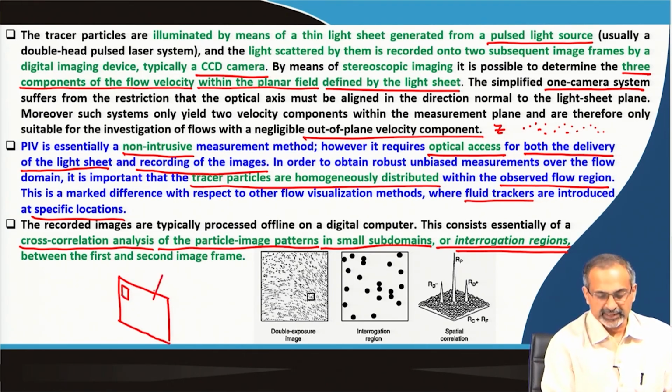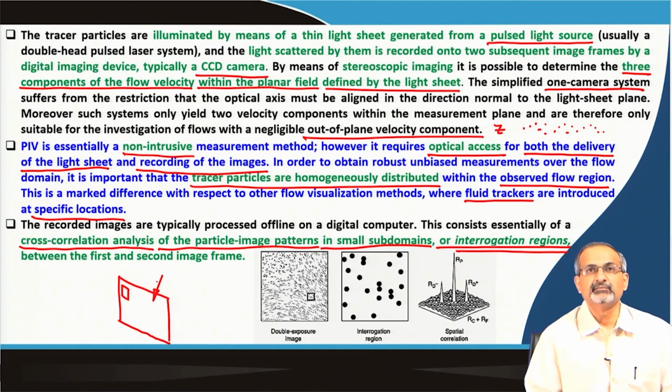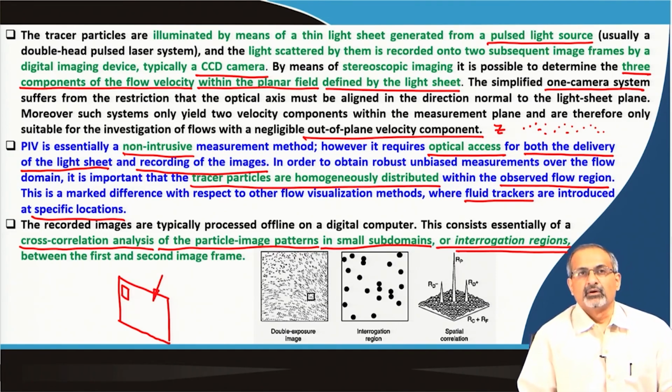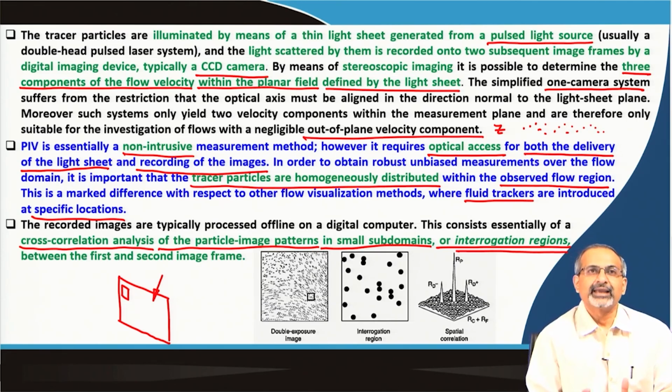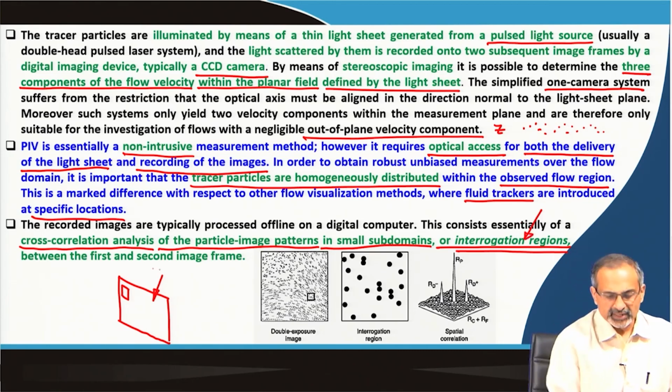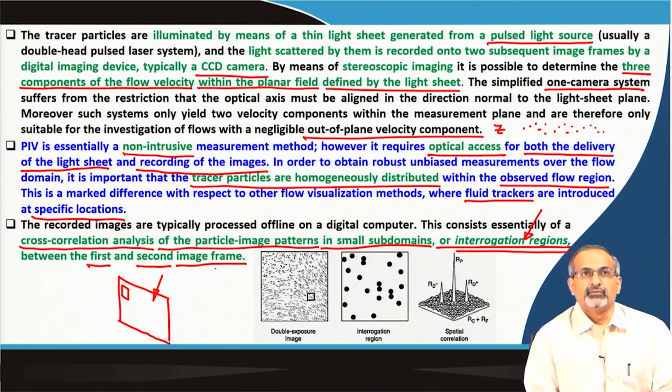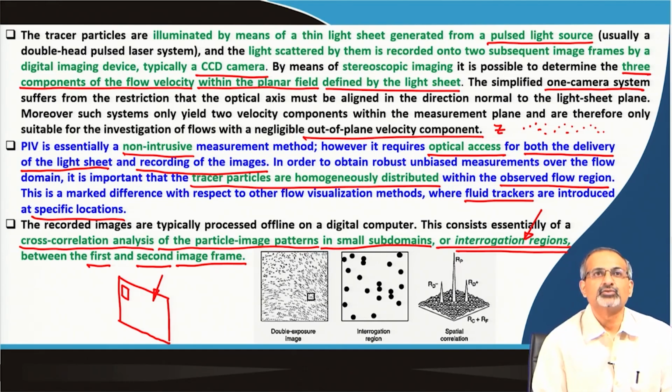You can imagine that the entire region of visualization by the camera is split into numerous such small regions, which are called interrogation regions or interrogation windows, and they are looked at for the first and the second image frame, and then they are cross correlated. Based on that, the velocity information comes up.